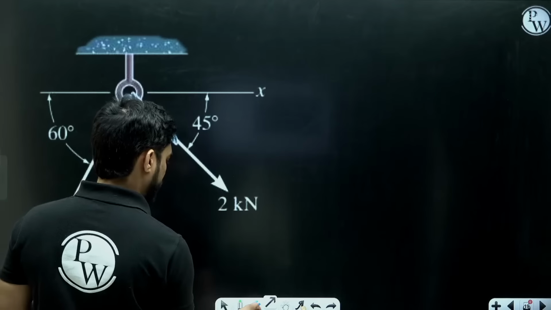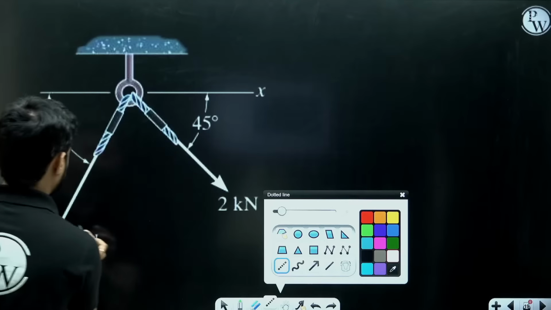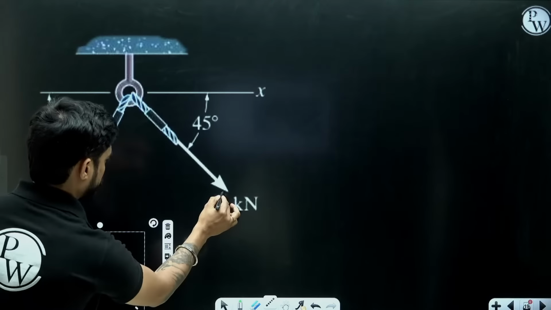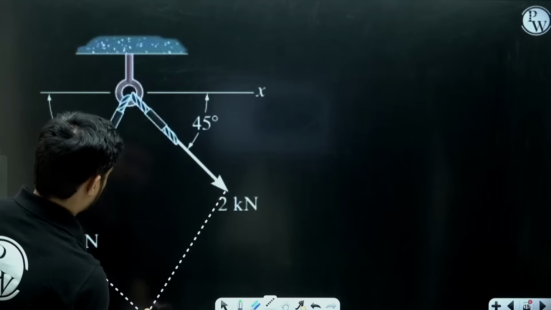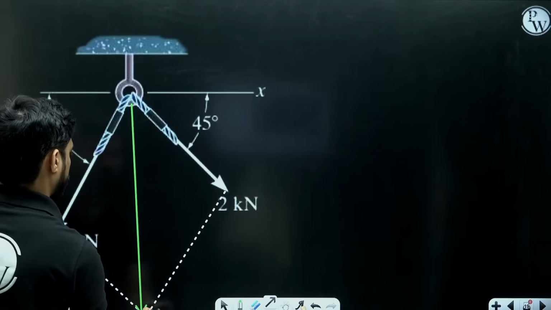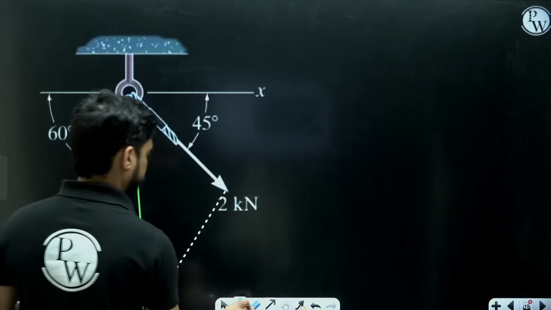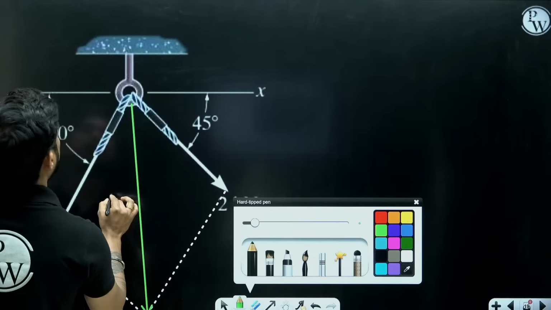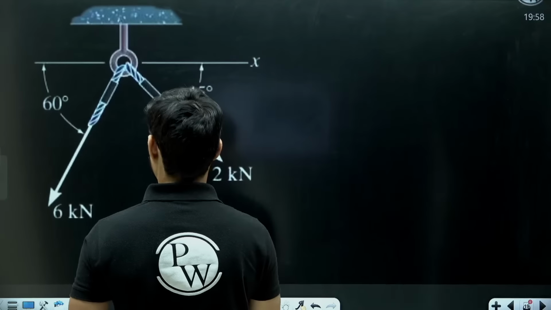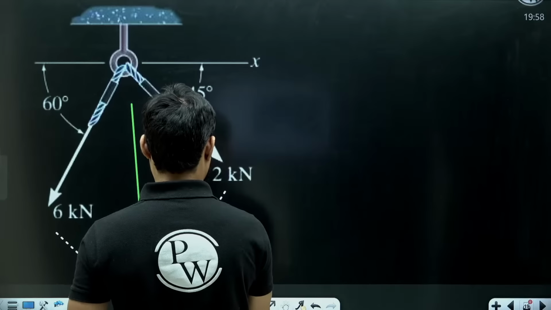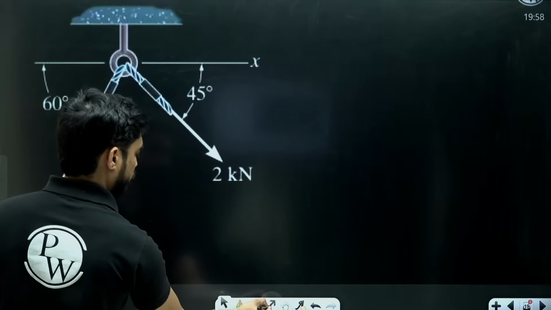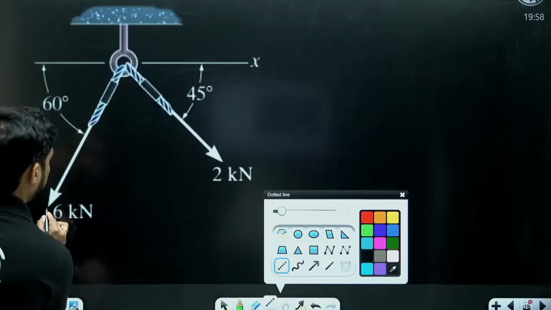If I apply parallelogram law, the resultant will be something like this.